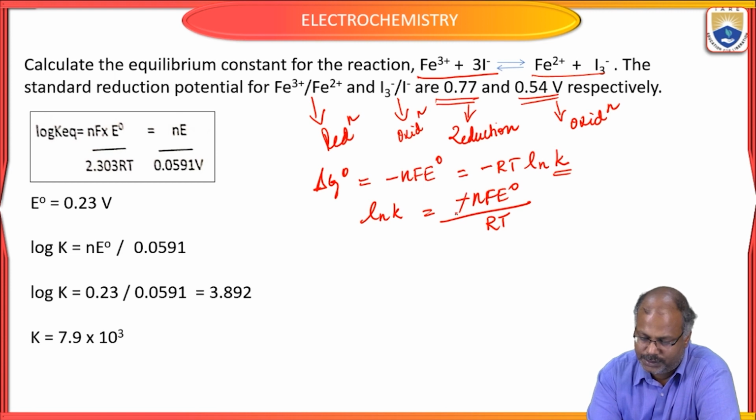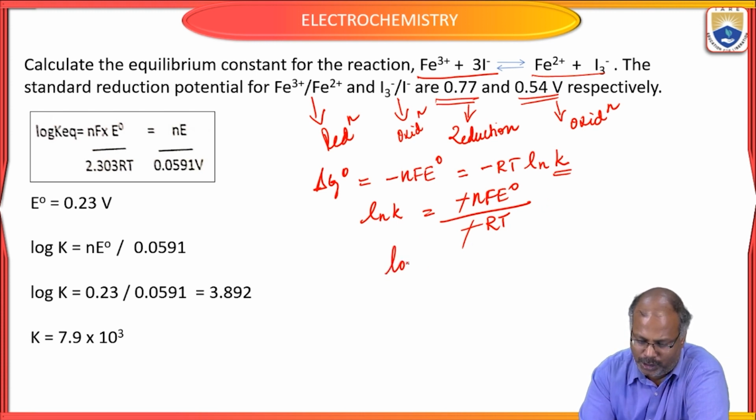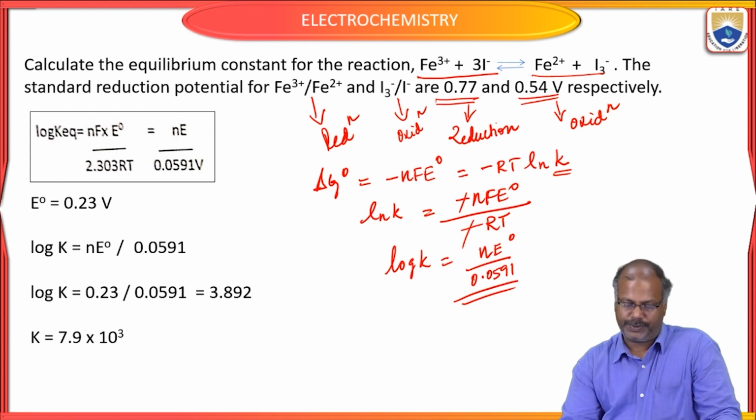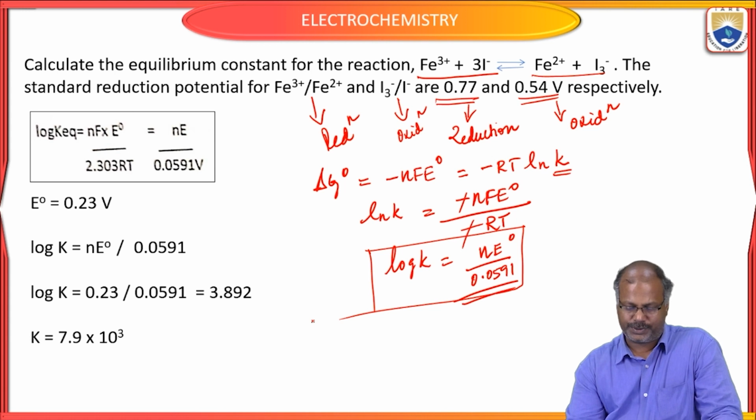So log K is equal to nE naught divided by 0.0591. This is how the formula is reduced.